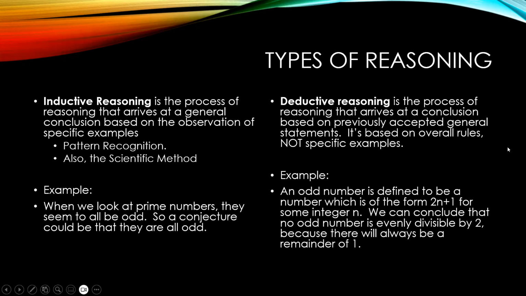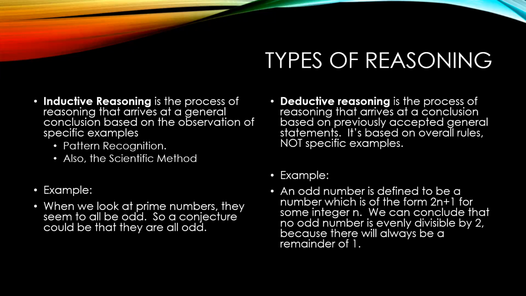Now, to begin with, there are two types of reasoning which we're going to focus on in this course. There is inductive reasoning, which is the process of reasoning that arrives at a general conclusion based on the observations of specific examples. This is pattern recognition, also the scientific method, where we are creating a prediction and then trying to see if the prediction actually works out.